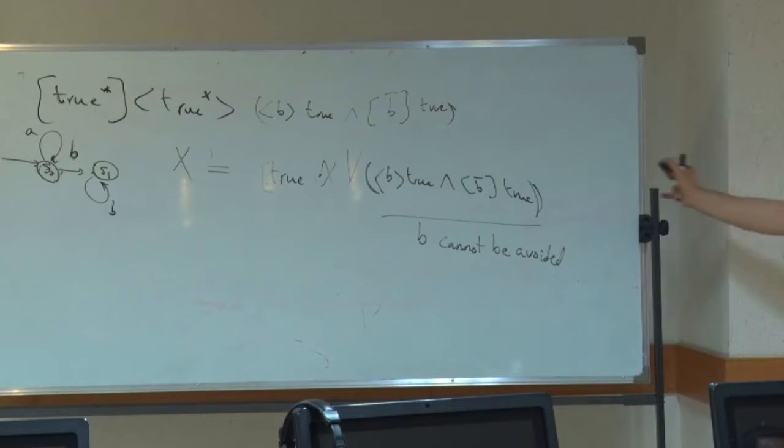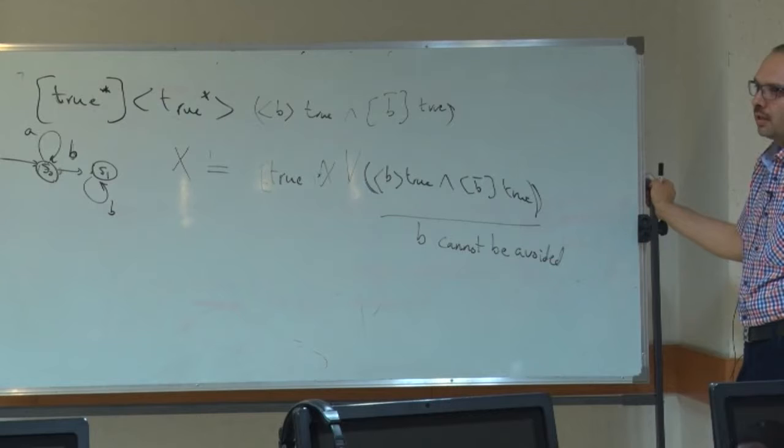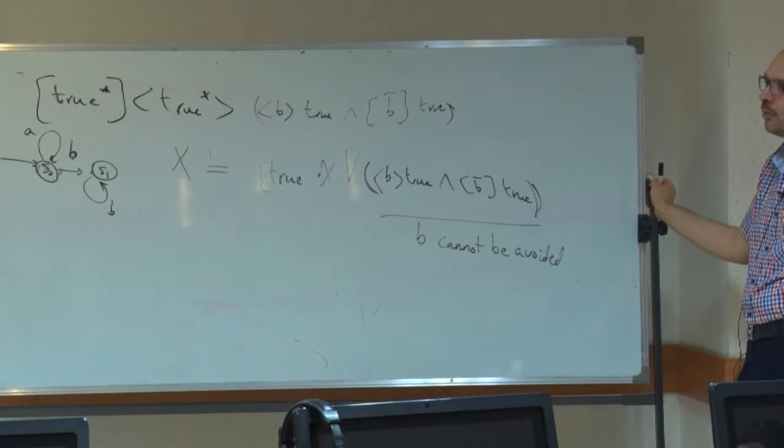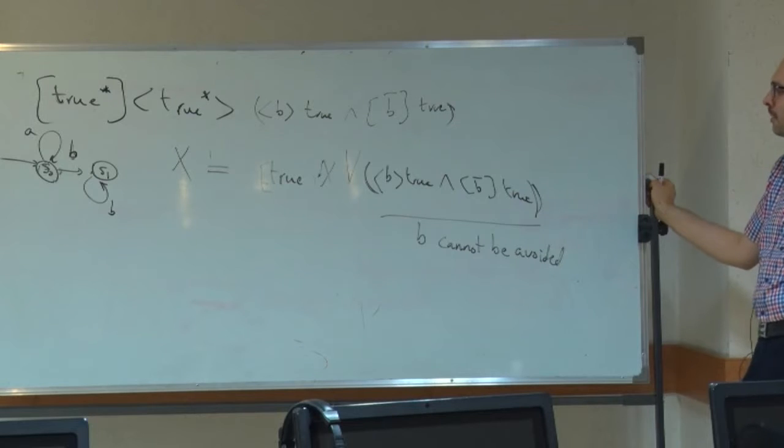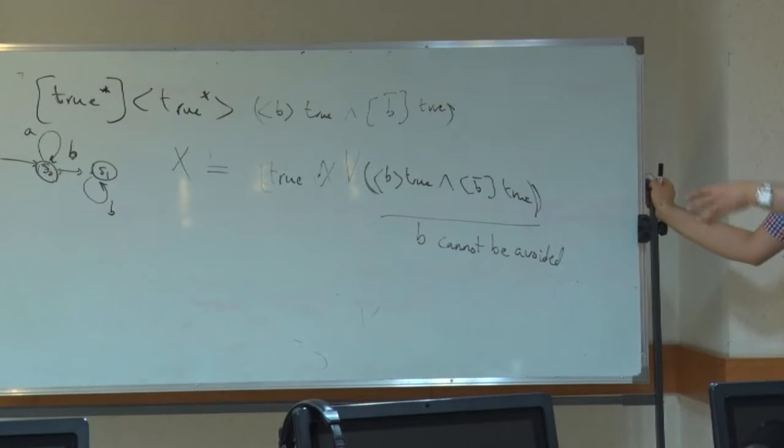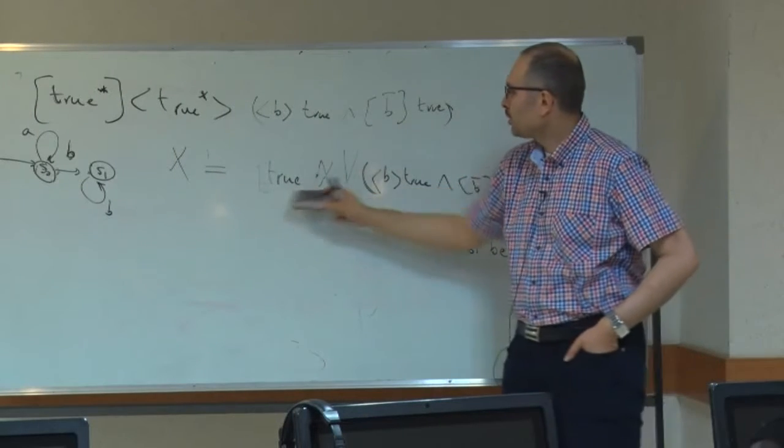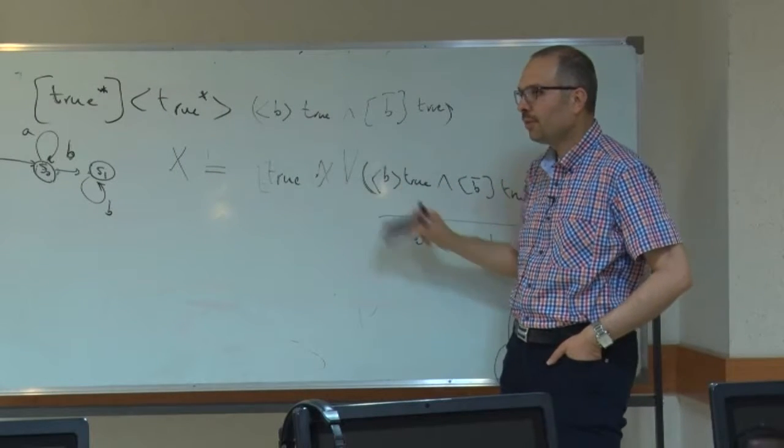So the meaning of it should be you cannot avoid B in the future, no matter how you evolve. No matter what you do, you end up in a state in which B cannot be avoided. Box true X, or B cannot be avoided.